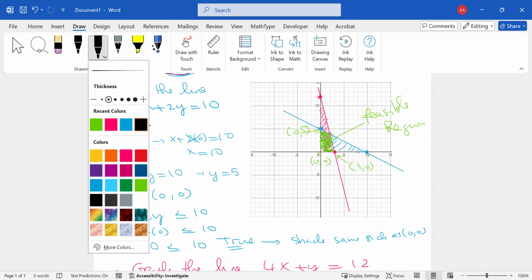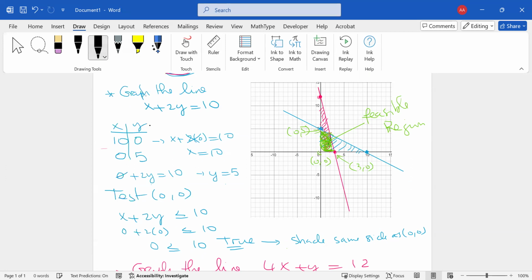This point looks like 2, 4. This point looks like 2, 4, but we need to check. Not too fast. We need to check if this corner is really 2, 4. So if you do 2 plus 2 times 4, is it 10?